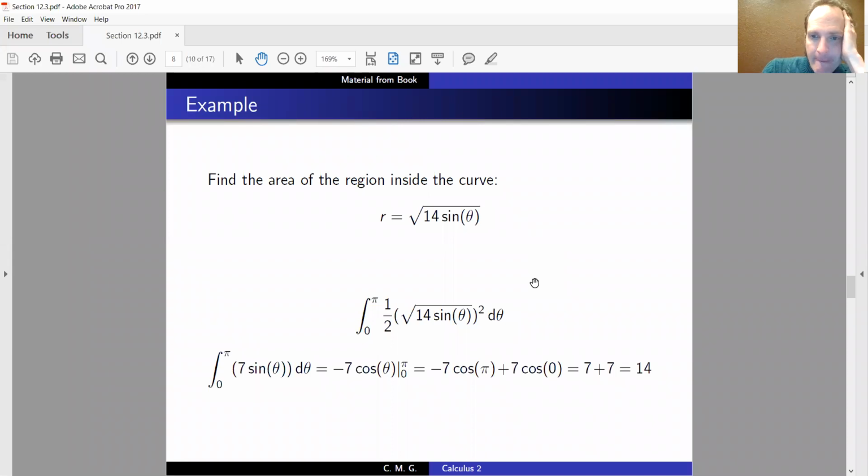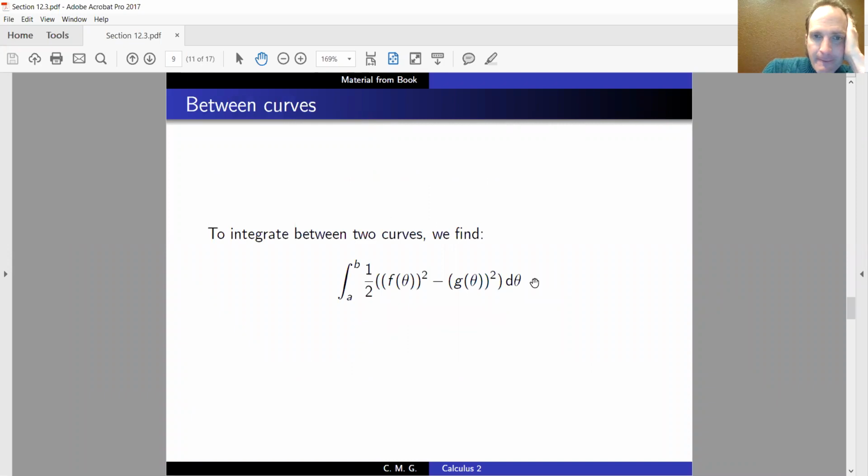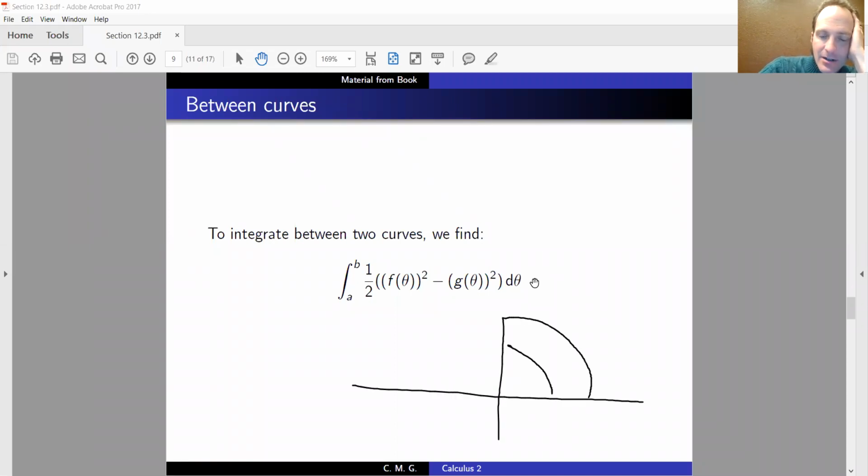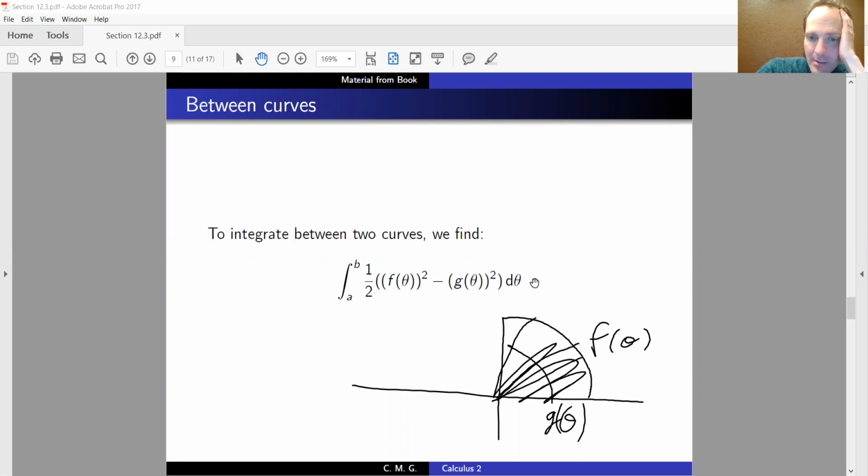Okay. So this is pretty cool. Other things we can do with this, I can now integrate also between two curves. So if I have an outside curve and an inside curve, outside curve being f of theta, inside curve being g of theta, to integrate between the two, I integrate the f of theta, that gives me the area in here, and then I subtract off the integral of the g of theta to be what's left over in between the two.